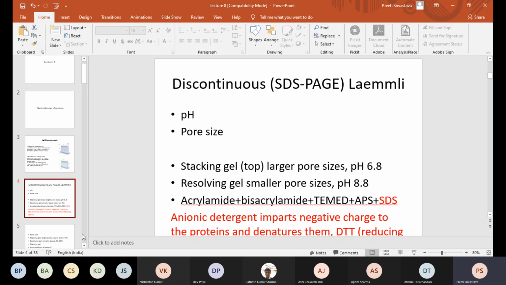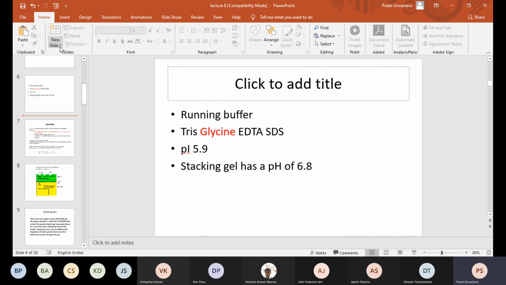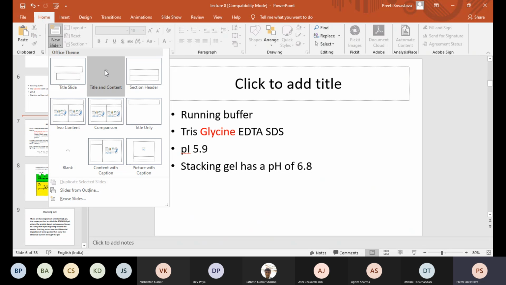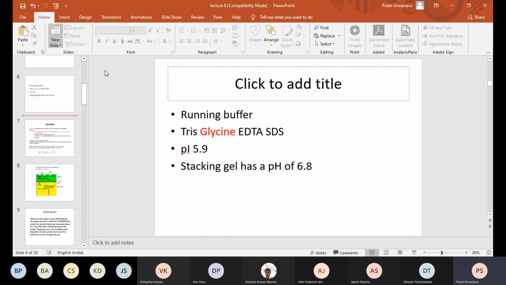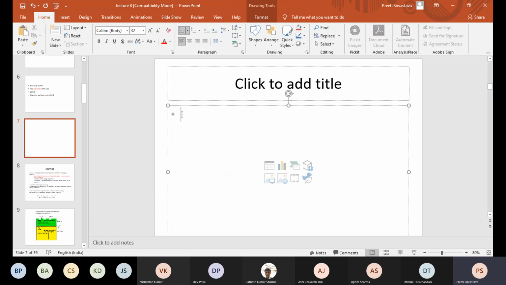Okay. So when we say discontinuity, maybe I will insert another slide. The discontinuity in SDS-PAGE is with respect to pH and gel percentage.